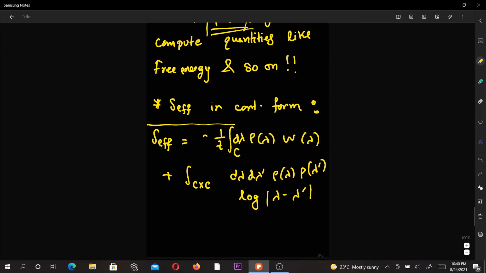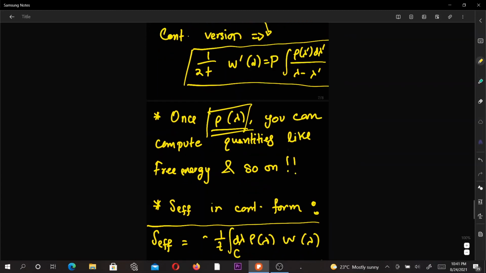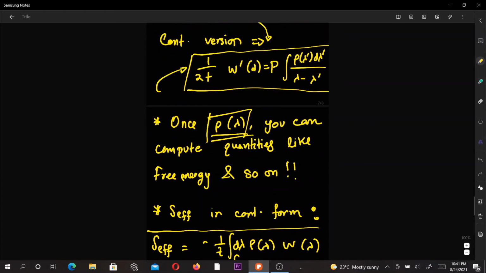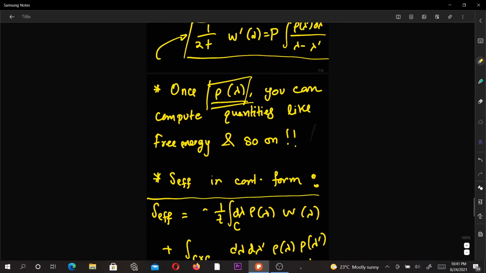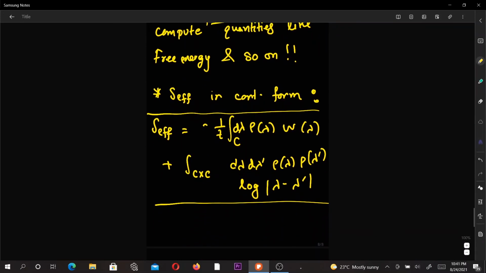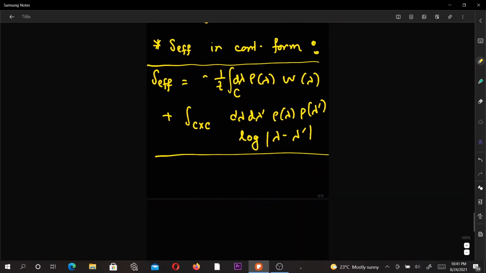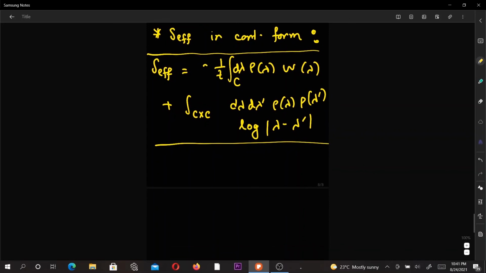This is how the effective action becomes. We won't need this much, but what we'll need is this equation. So for completeness, I just wrote the effective action in terms of the density function.